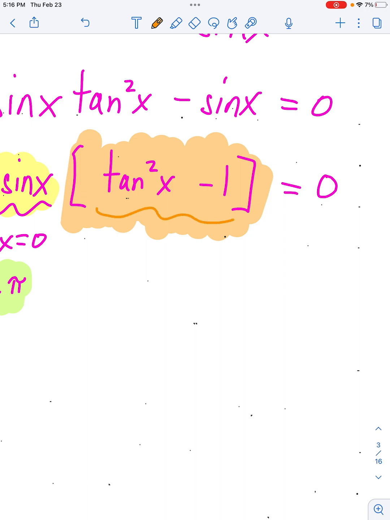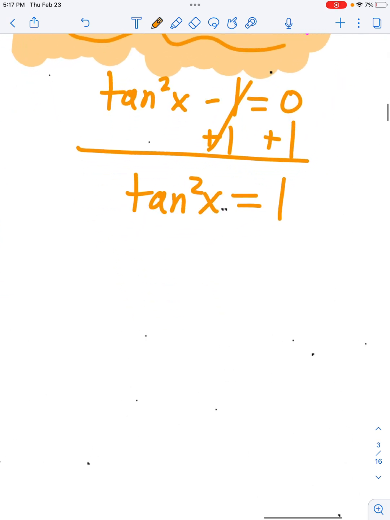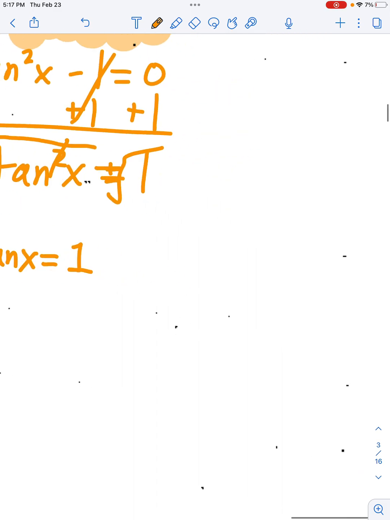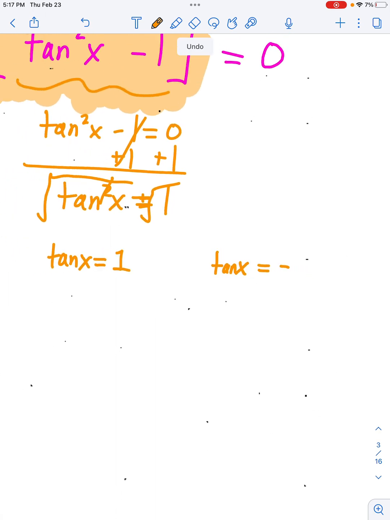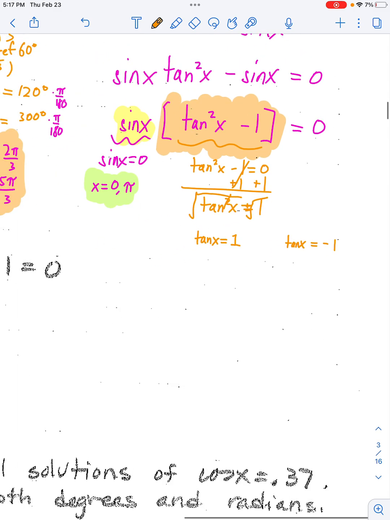This is going to give us tan squared x minus 1 equals 0. So let's get just the tangent by itself first. So we get tan x equals plus or minus the square root of 1, so tan x equals positive 1, and tangent of x equals negative 1. So let's solve this.